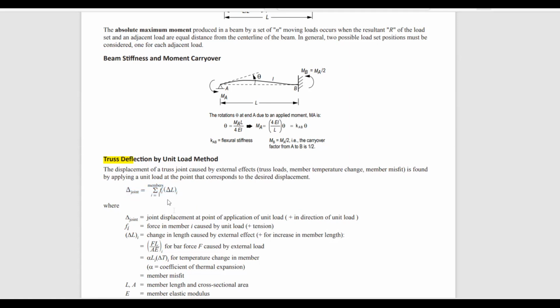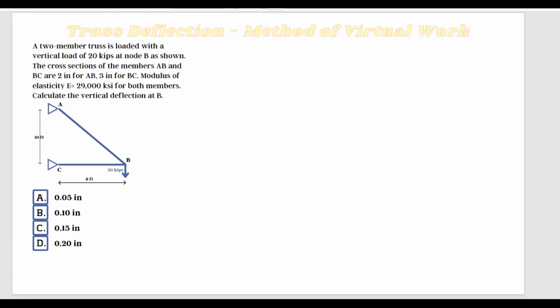So let's write this formula down. We've got that delta at joint B is going to equal capital F multiplied by L, which is the length of the member, over AE.